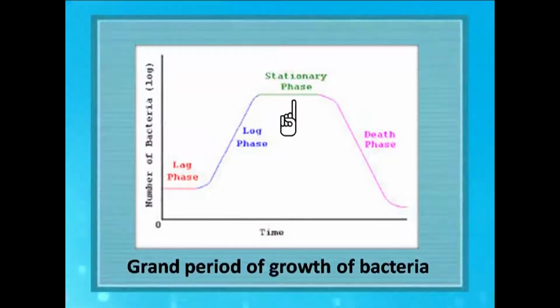Then it comes to the stationary phase, where it is not increasing nor decreasing, and then it goes into the reduction phase and into the death phase, where the organism growth is totally gone and the organism is dead. Normally, during fermentation, we try to take the organisms in their log phase because the number of cells increases, and as the number of cells increases, the products generated will be more.